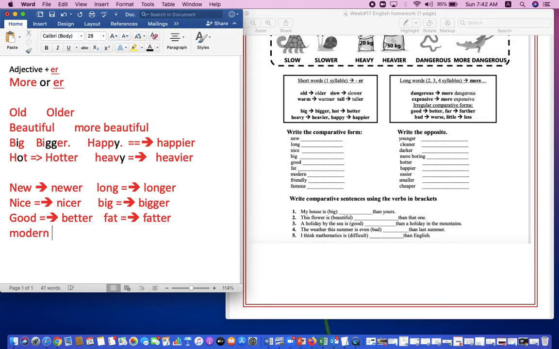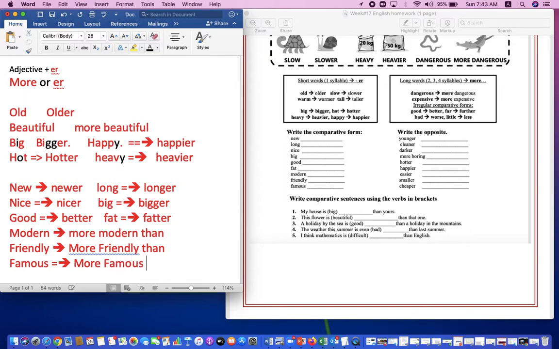Yes, modern will be more modern than. Friendly, more friendly than. Famous, more famous than.